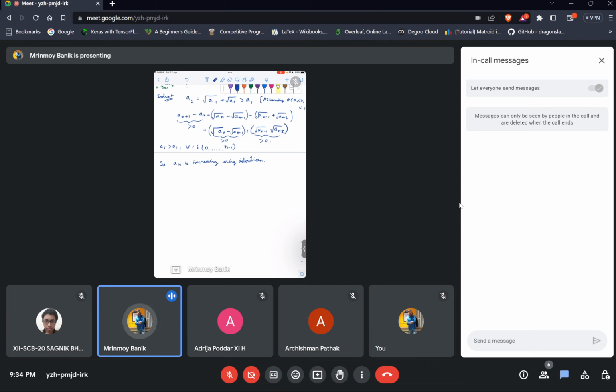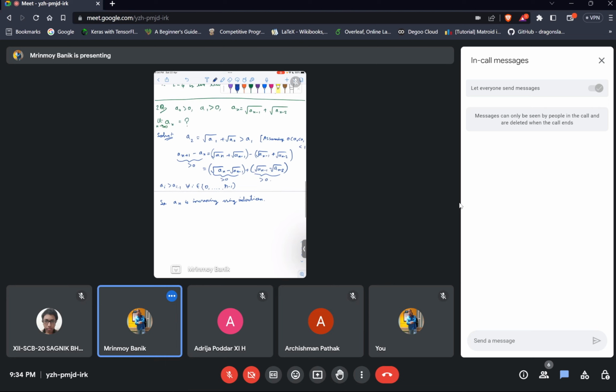Next, we have to find a bound. Let's try out a few of the starting terms. Okay, we can't try them out. Let's assume AI is less than 4 for all I inside 0, 1, 2 up to n minus 1 or n.